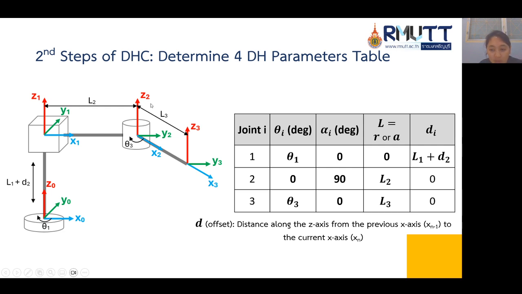And for the third joint, this is from x2 to x3. This is also in line, so we don't have a value for parameter D in the third joint. This is the same as the second joint, also in line.